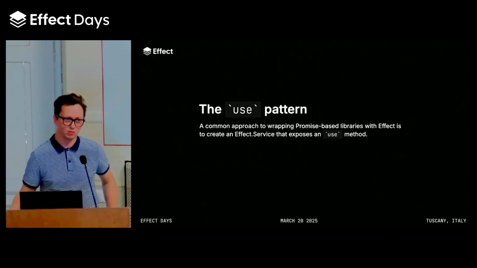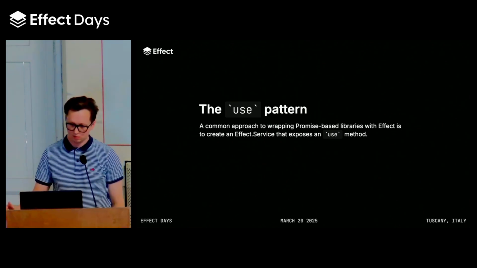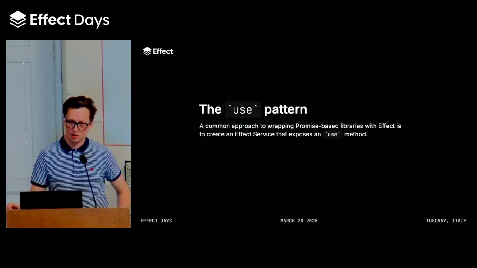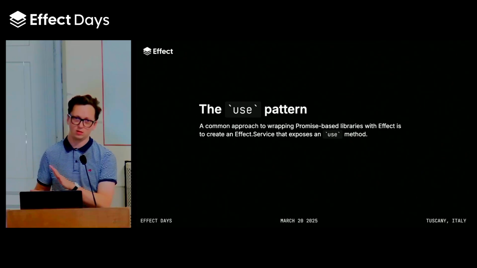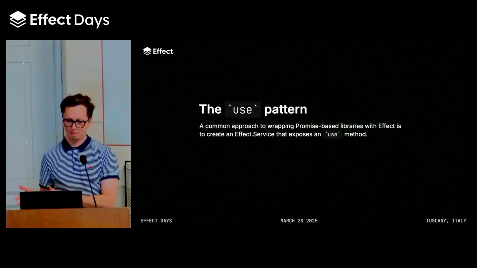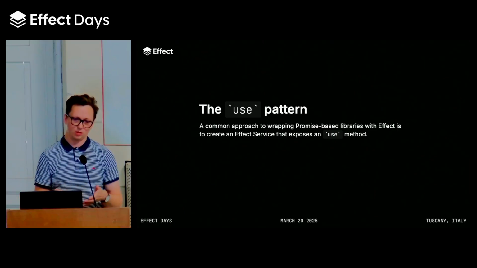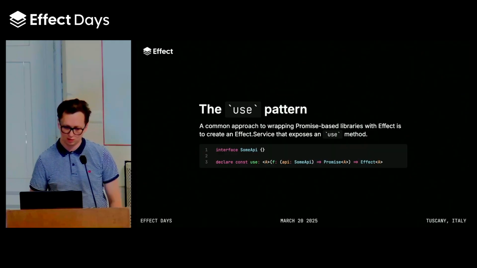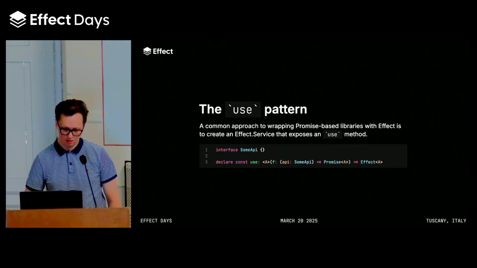Unfortunately, Max didn't have time to cover Effect.service in the past session, so I'll try to give a quick intro when we encounter the code. But essentially, it creates a tag and layer in one pass. So you create your tag and your layer for the NPM package you're using, and you expose a use method, and that use method looks something like this. Let's see if I can get this pen thing working.